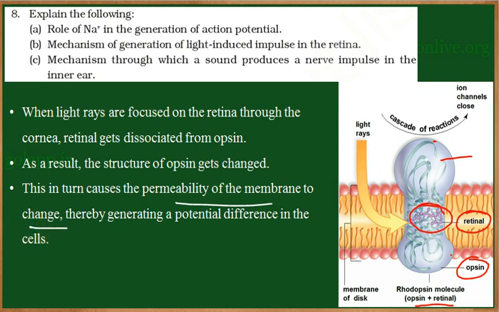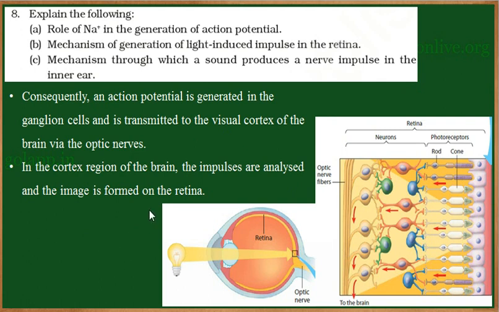So when the permeability of the membrane changes, positive ions enter inside more and a potential difference is generated. This potential difference leads to the formation of action potential. That is, the depolarization takes place and an action potential is generated. So this action potential leads to the formation of a nerve impulse.